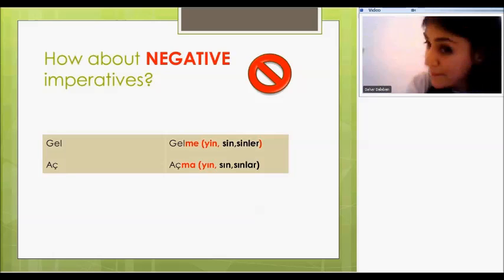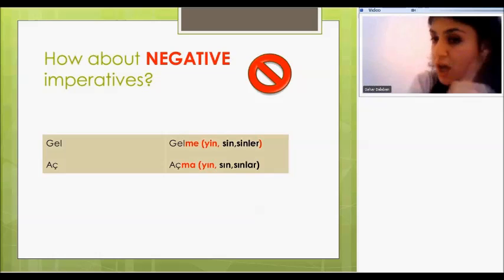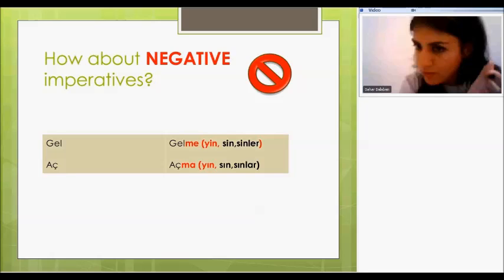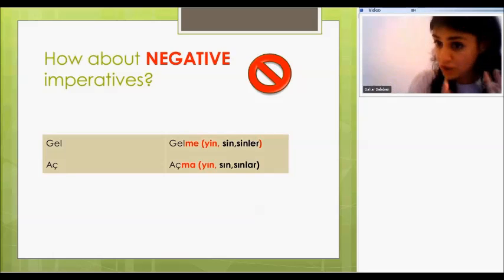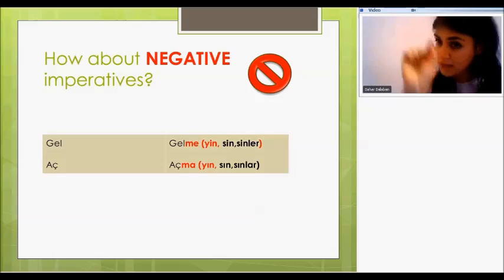If it's E or I, it's going to be "me." It's the same group. But if it's an A, which is like the A in "arch" in English, or a U, undotted, regular English U, then it's going to be "ma."